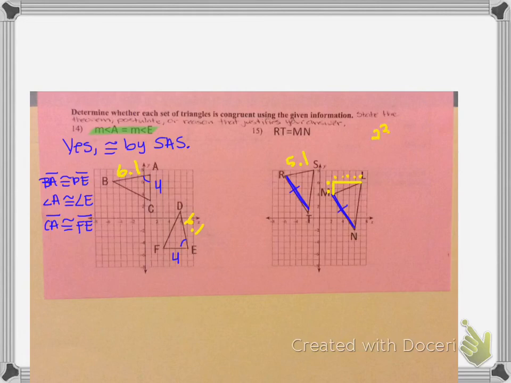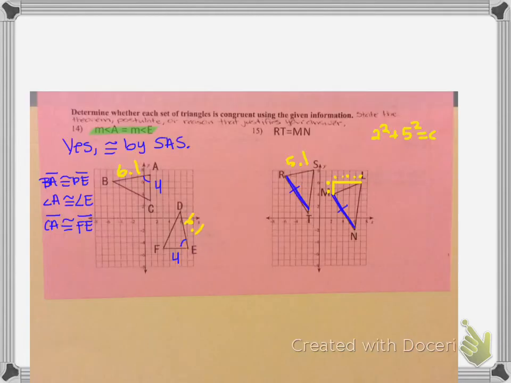So that's not the same number. 2 squared plus 5 squared is 4 plus 25, which is 29. So the square root of 29 gives me about 5.3. So that side is about 5.3.